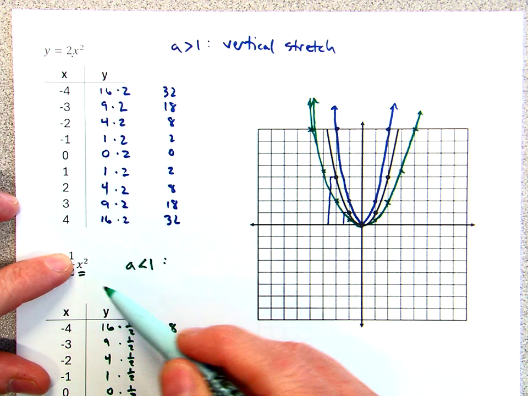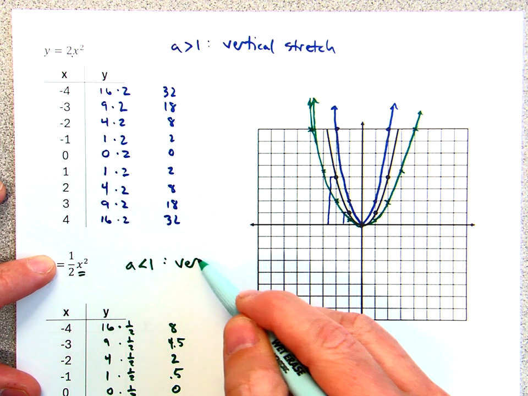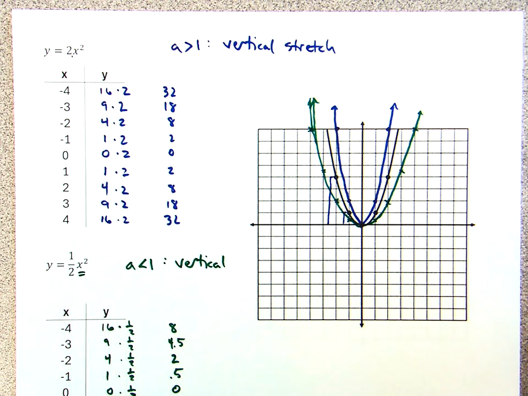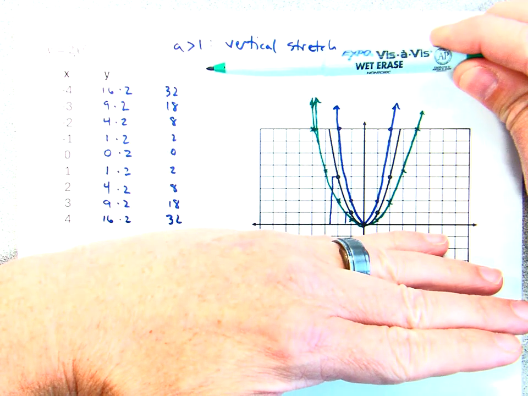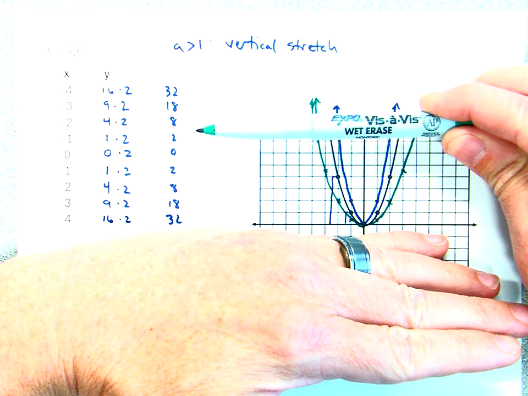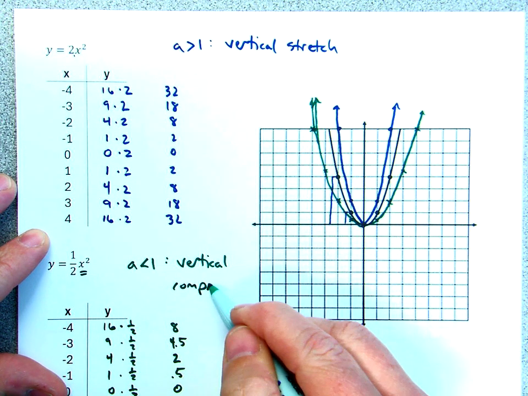X squared, we said, was y. Then I'm halving it, so it's going to have a vertical effect on the graph. But in terms of y's here, I'm going to take these y's and compress them down. So we'll call this a vertical compression.